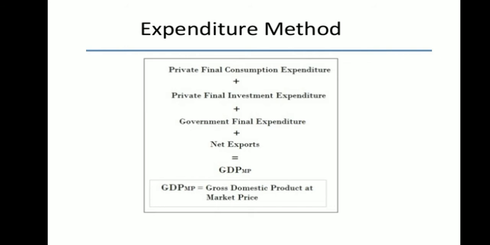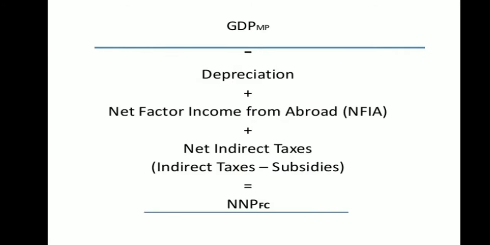From GDP MP you need to calculate NNPFC, that we have seen earlier. Again we follow the same procedure: GDP MP minus depreciation plus NFIA plus NIT, that is net indirect taxes, equals NNPFC.